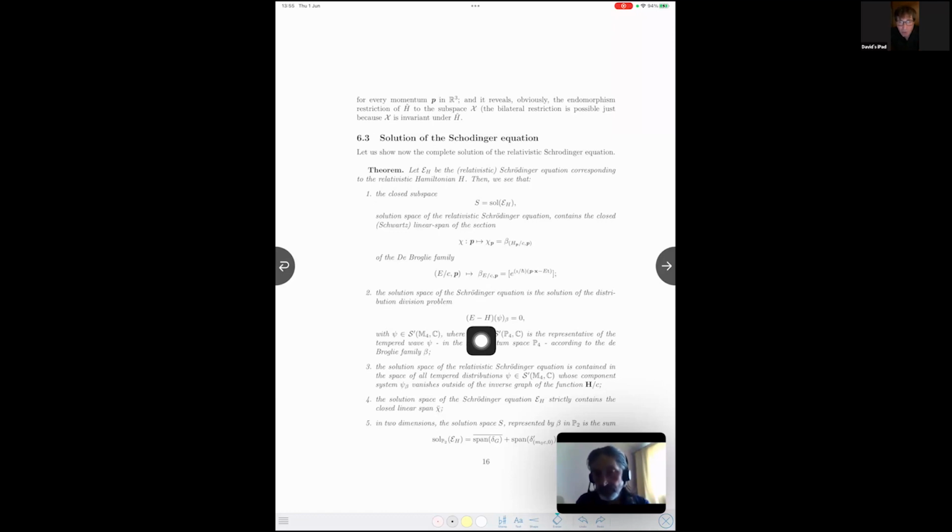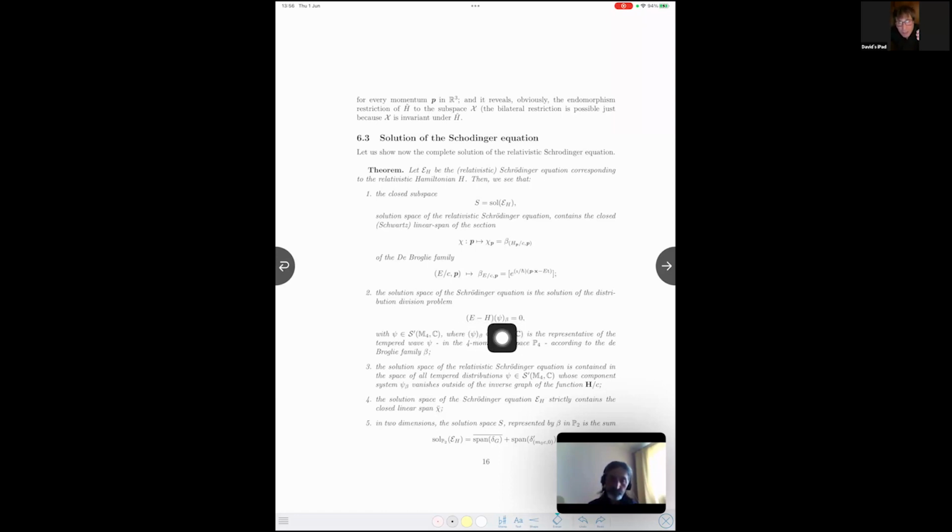I comment only on this. This is the most important point. We have reduced our resolution of the relativistic Schrödinger equation to a division problem in distribution space, obviously. And this division problem is: find the distribution A such that the multiplication of (E minus H) times A is equal to 0.